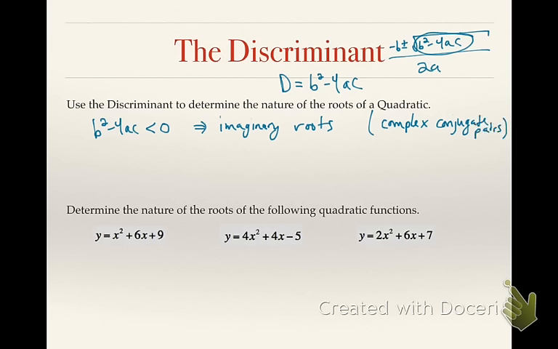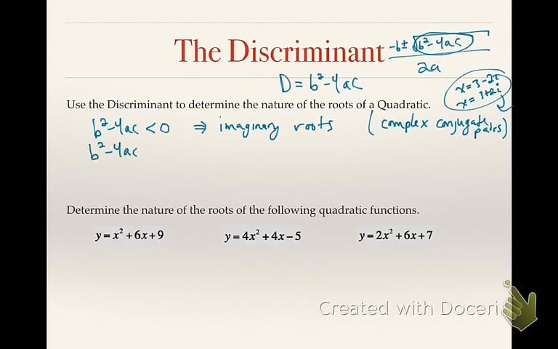You'll never ever get a situation where one solution to a quadratic is 3 minus 2i and the other one is 5 plus 7i. No, they always have to come in conjugate pairs. So if one of them is 3 minus 2i, the other one must be 3 plus 2i. They always come in conjugate pairs, if they're imaginary.